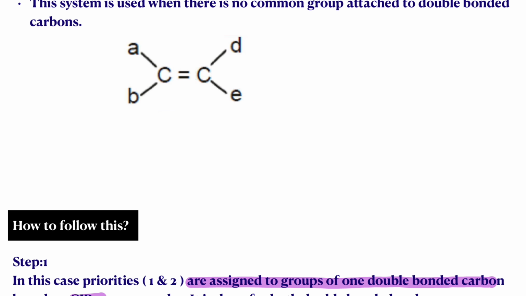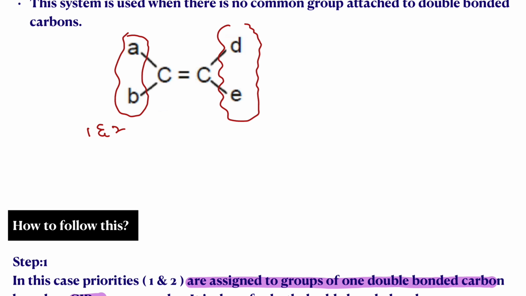We have to give priority to these 2 groups based on CIP rules, priority 1 and 2. We also have to apply CIP rules to give priority to the 2 groups of the other sp2 carbon. Here also we assign priority 1 and 2. That is the first step. So the 2 groups of each double bonded carbon are assigned numbers 1 and 2, and this is completely based on CIP rules.